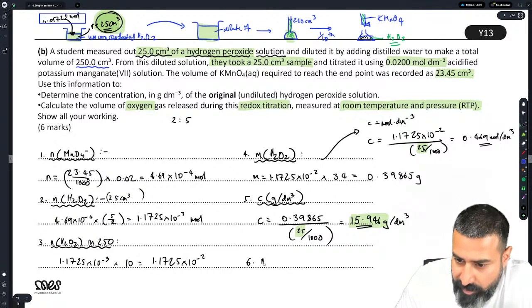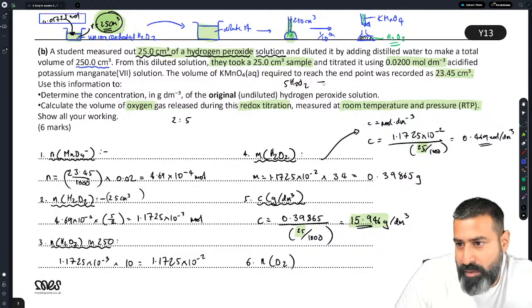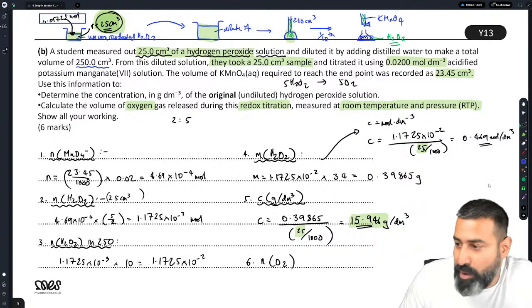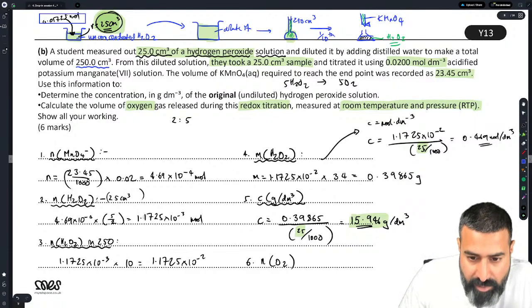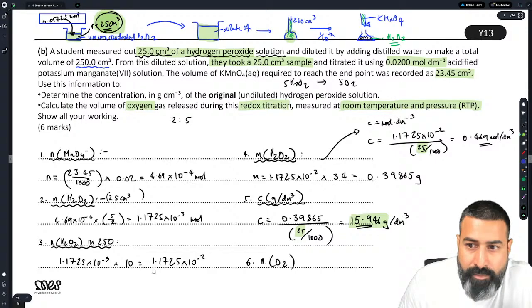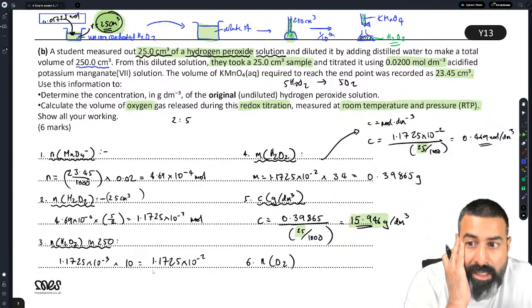So the number of moles of O2, it was 5H2O2 to 5O2. Yeah, so we look at the molar ratio. If it's a 5 to 5 for H2O2, what does that mean? It's the same as the H2O2, absolutely.